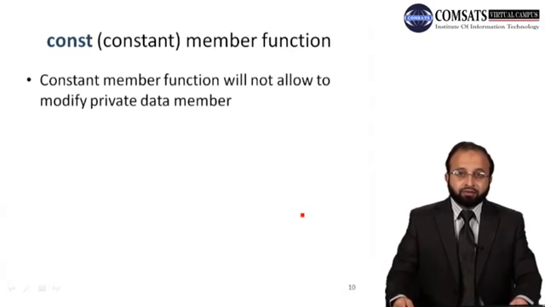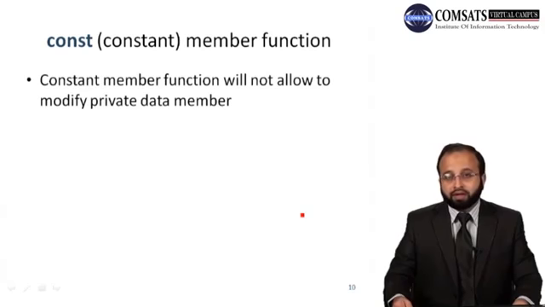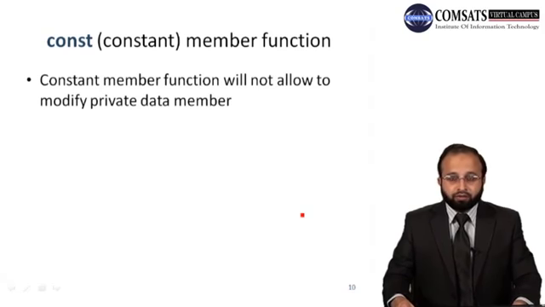Let me say it again: if the function is constant, then it is not possible to change the value of the private data member of the object that calls that function, right? So if I write d1 dot setDest, calling this function with the object d1, then in the setDest function it is not possible to make changes in the value of the d1 object.